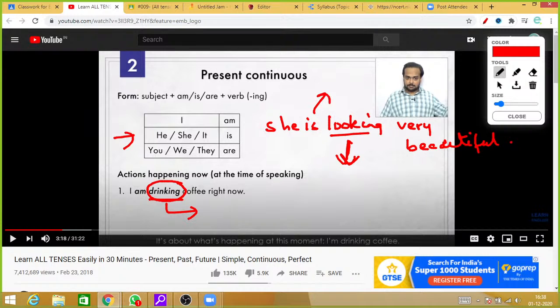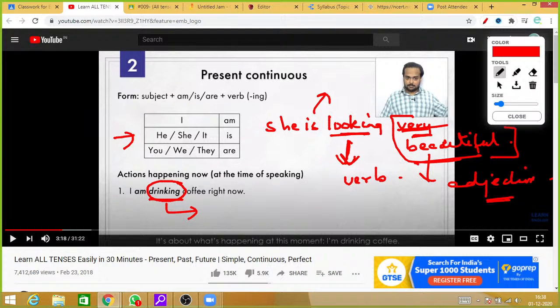Is is the helping verb for looking. Very beautiful together is an adjective phrase. You could remove very also. You could say she is looking beautiful. So beautiful is the adjective. Okay, Ganesh? You made the correct sentence, but you have to be able to identify which one is the verb, which she is. What is she?